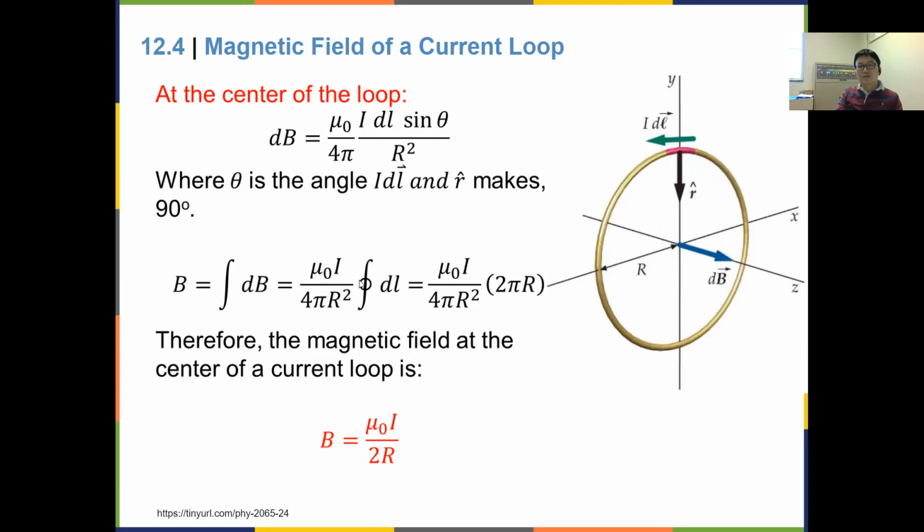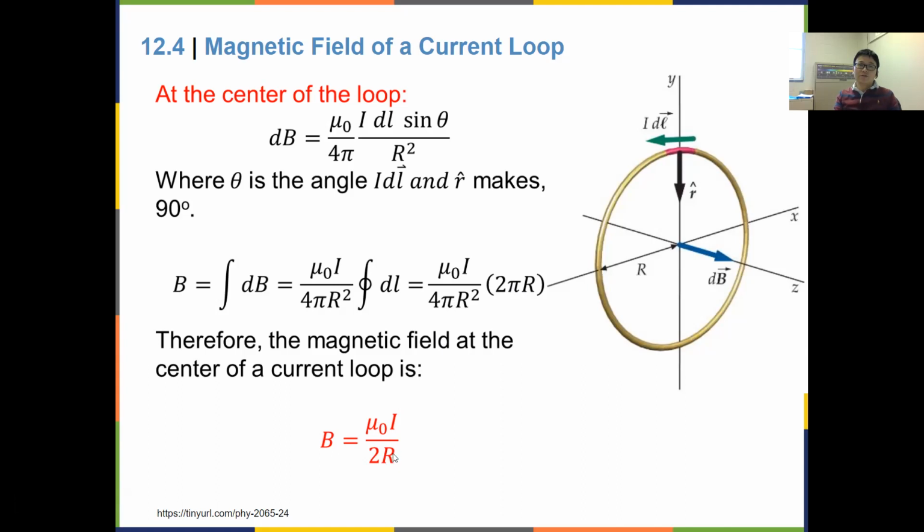So then it's just the integration of dl around the whole circle, that means the closed path. So that will be the circumference of this circle, 2 pi r, for the result. 2 pi and 4 pi cancel partially, and then r cancels the square. So you have 2r at the bottom, and mu naught I at the top. So the total B field will be equal to mu naught I over 2r.